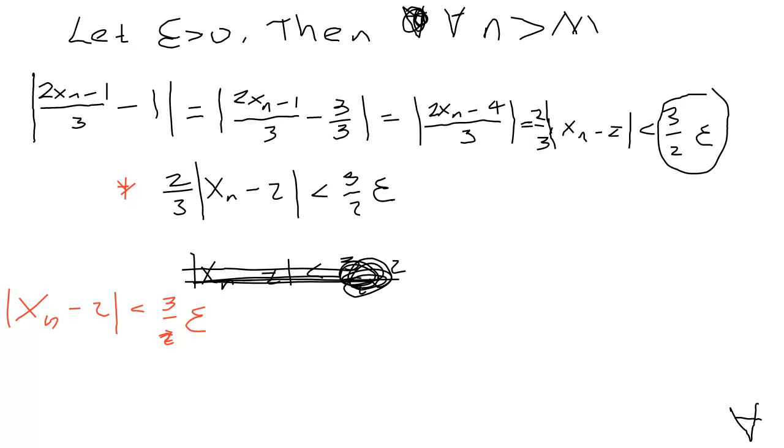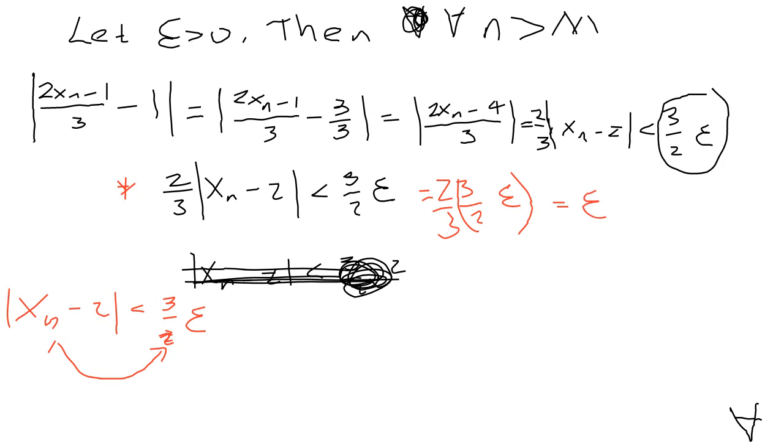Then that would mean that this right here would be equal to 3/2 epsilon. Remember, look at the bottom part down here, using 3/2 epsilon. If that is less than 3/2 epsilon all the time, that's our M that we're using. When you multiply it by 2/3, we're getting epsilon right here.